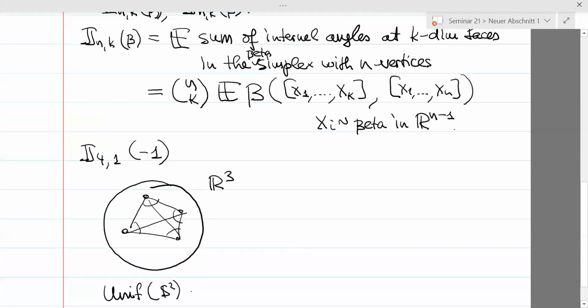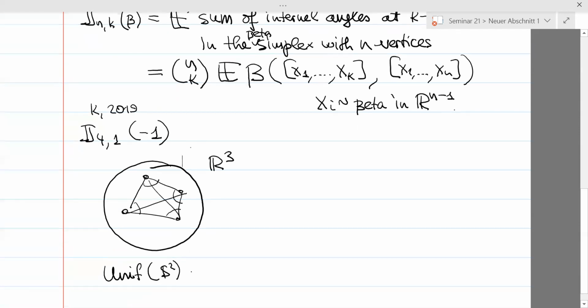And now it's difficult to compute. The main difficulty in proving all these theorems is to compute such quantities. And I proved, and that was the first non-trivial special case which could be computed, that this angle sum is equal to 1/8 of the full solid angle, so of the full space angle. So it's 1/8.